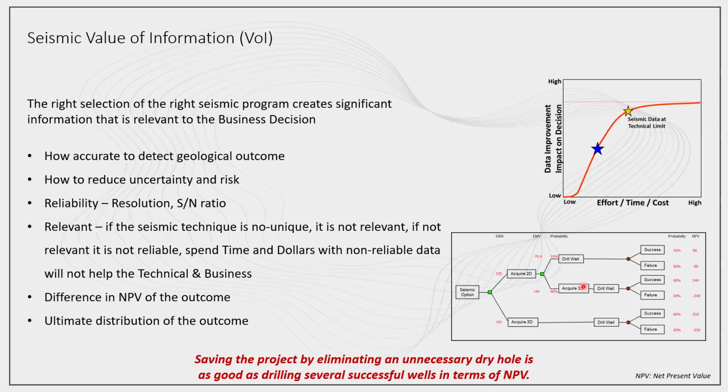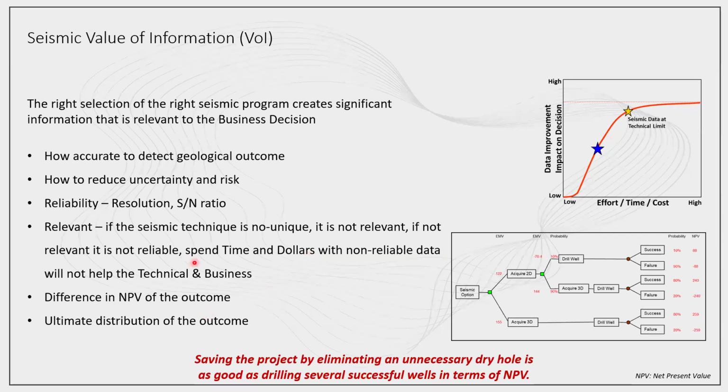We use it to come up with a value of information for that project. We will have a very detailed understanding of how to calculate the value of information during the full course of this webinar, and we will have a lot of examples.